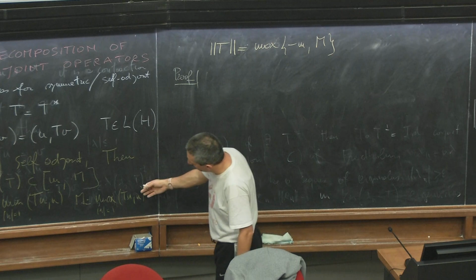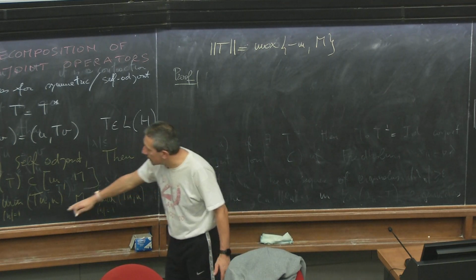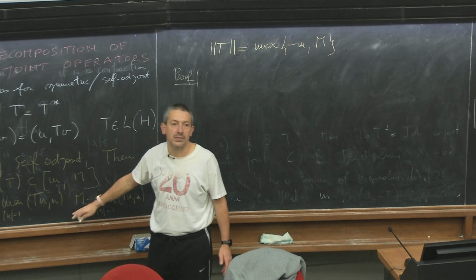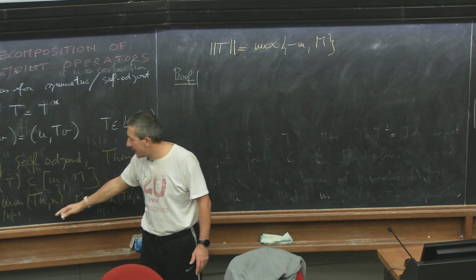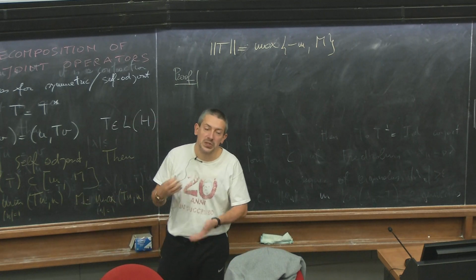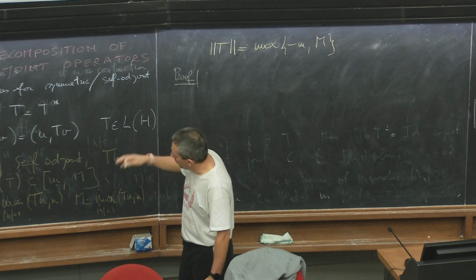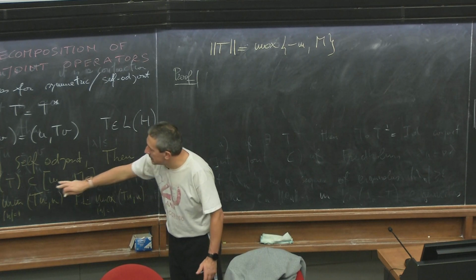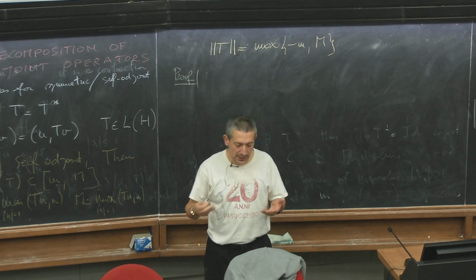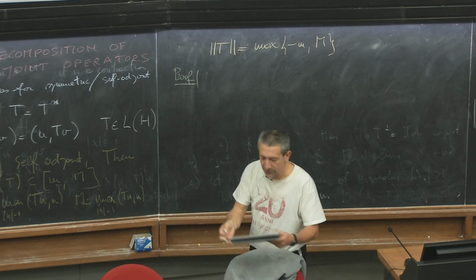So you see from the form of the statement that this quadratic form will play the role. And it is a symmetric quadratic form, so it's like a new scalar product. If it is coercive, and whenever I take a lambda outside this interval I get a coercive symmetric quadratic form, I'm very happy.